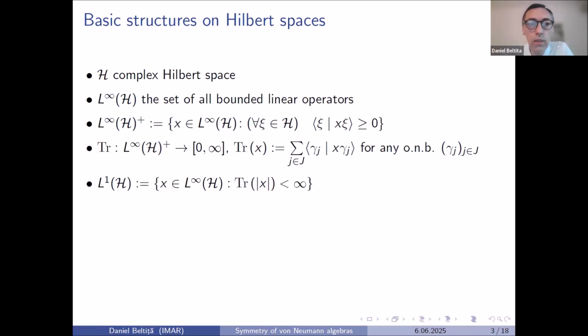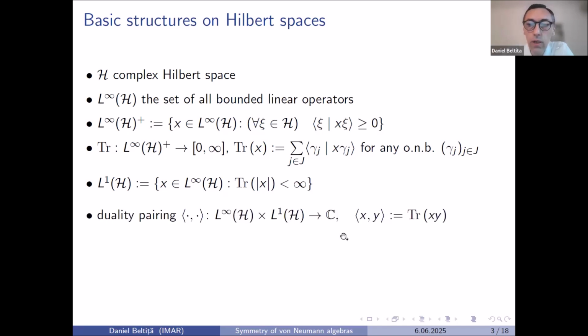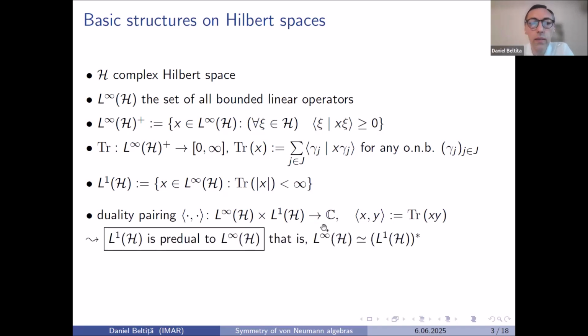With the trace at hand, we can define the ideal of trace class operators, denoted by L1 because it is the non-commutative analog of the space of absolutely integrable functions. The trace allows us to define a duality, a bilinear map, and it gives the fact that the dual of L1 is L infinity, which is well known.